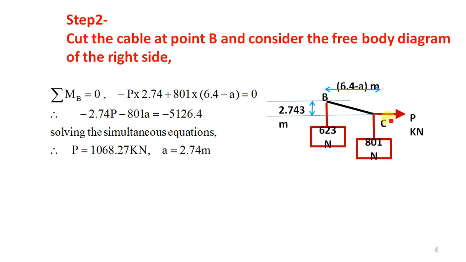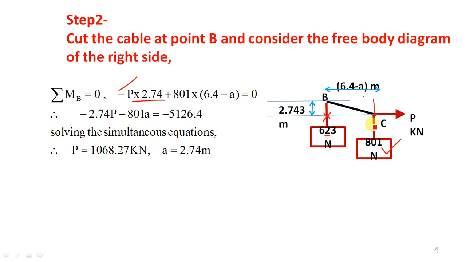So here again I will apply the condition of equilibrium at B, that is moment about B. So P into this vertical distance is 2.74. So P into 2.74 will create the moment anticlockwise, so it is minus. Then this 623 is passing through point B, so it will not create any moment.